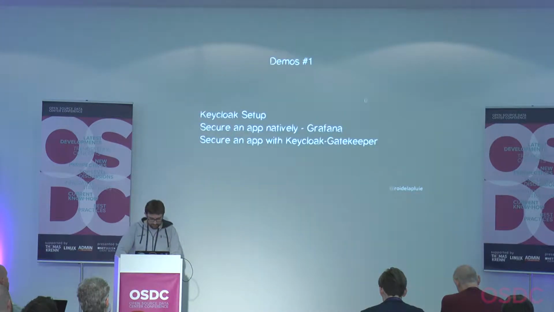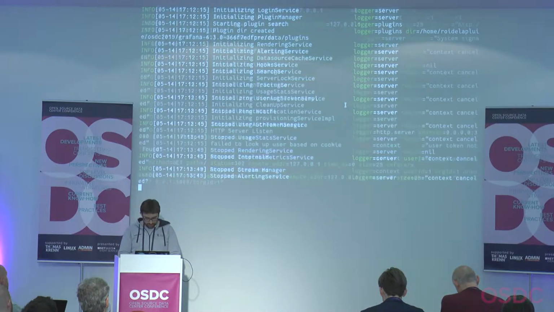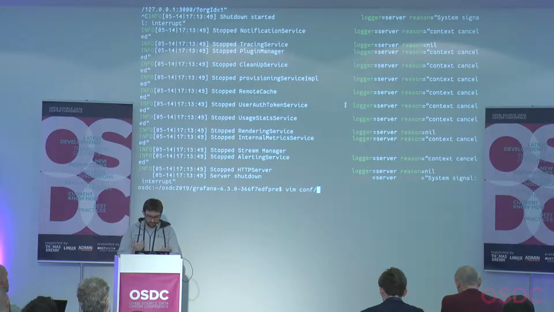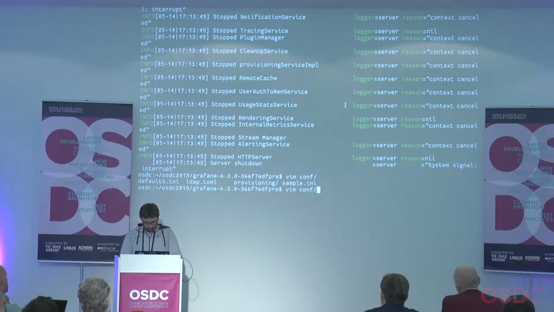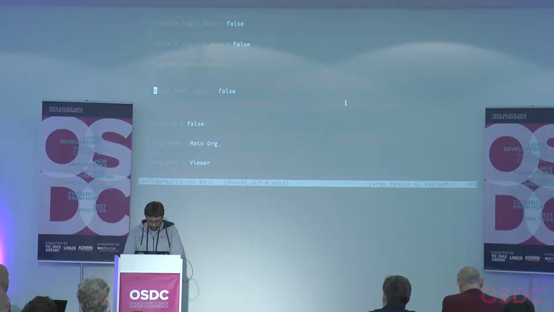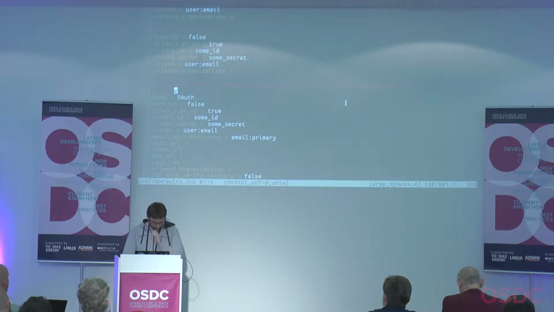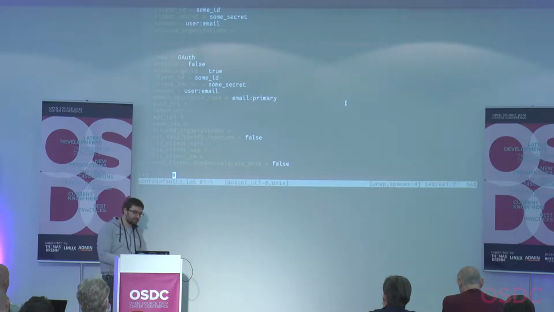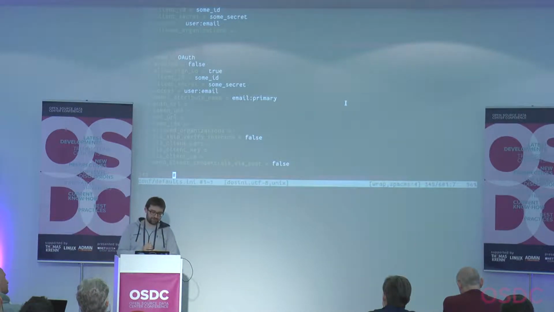Anyway, so now I shut down my Grafana. I will look at what I need to put in the configuration. OpenID Connect is actually on top of another specification, which is OAuth.